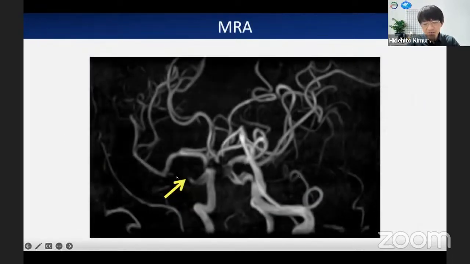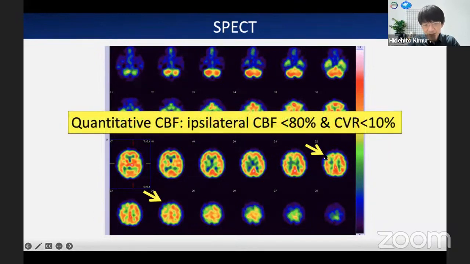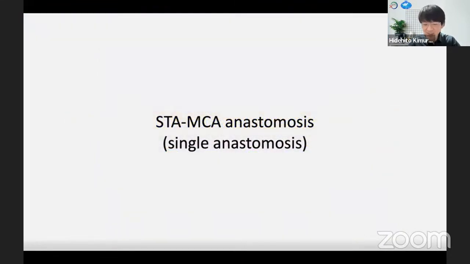You can see the right ICA was severely stenosed. The SPECT study demonstrated severely disturbed right side cerebral blood flow, and the quantitative evaluation demonstrated ipsilateral CBF was less than 80% and cerebrovascular reactivity was less than 10%. It was a good candidate for the STA-MCA bypass.